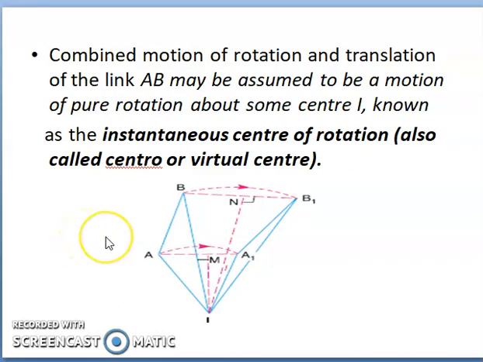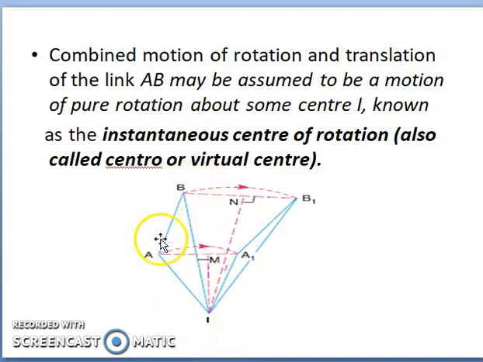Alternatively, the other assumption can be that the link AB is rotating and reaching the new position A1, B1. But the only difference is the center of rotation does not remain the same.